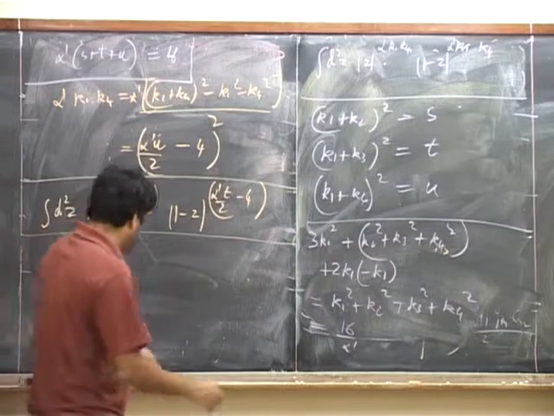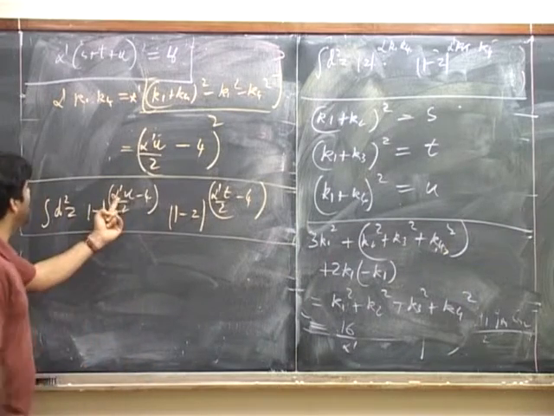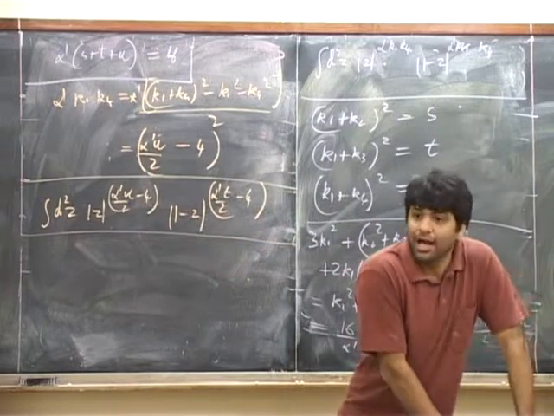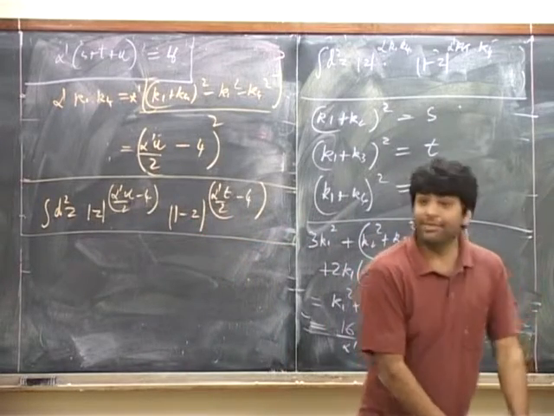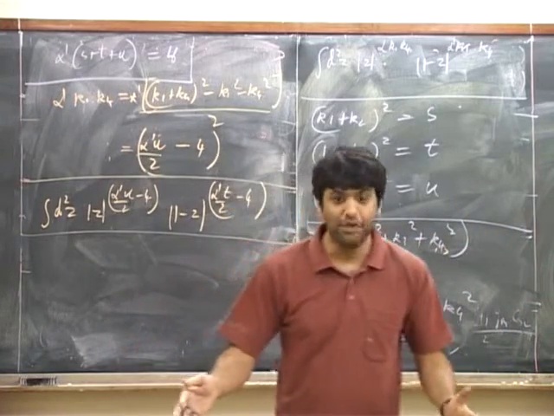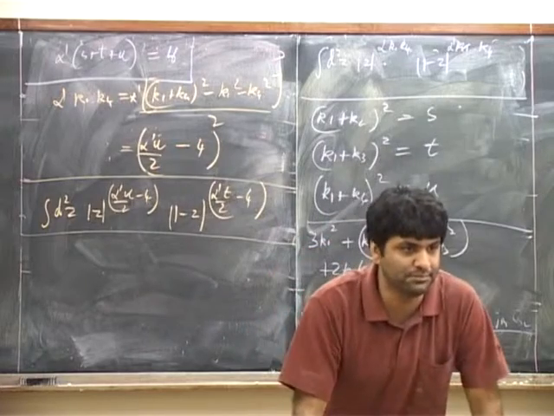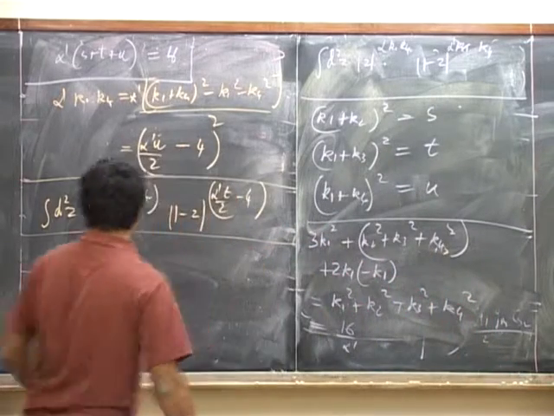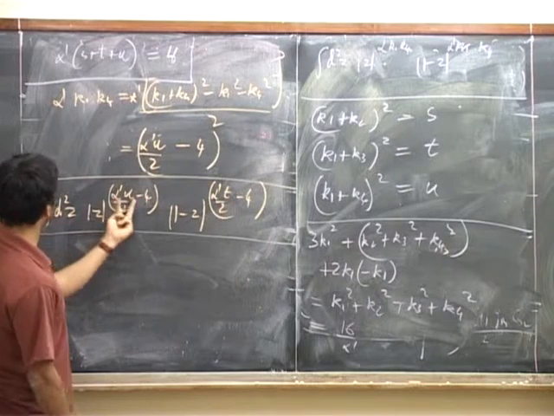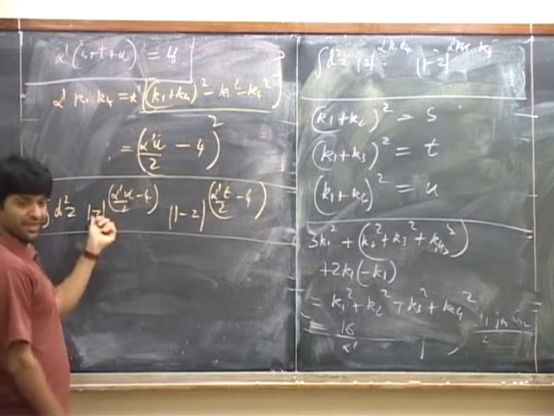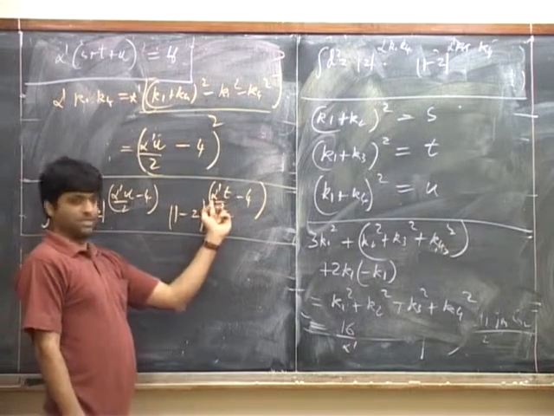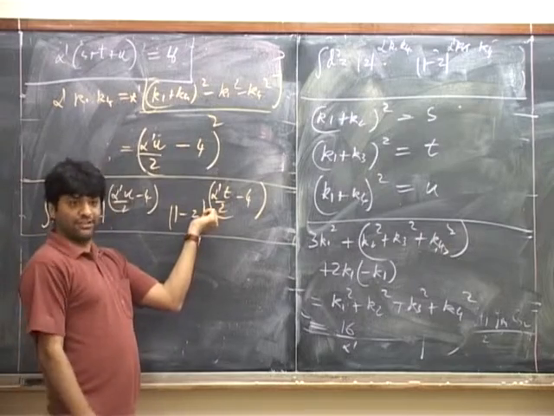Now certainly for some values of s, t and u, this integral does diverge. But the first question you might have in your mind is, are there any values of s, t and u for which it's convergent? And the answer is yes. Suppose this was equal to -2, so that the integral here was at the edge of diverging, and this was equal to -2, so the integral here was at the edge of diverging.